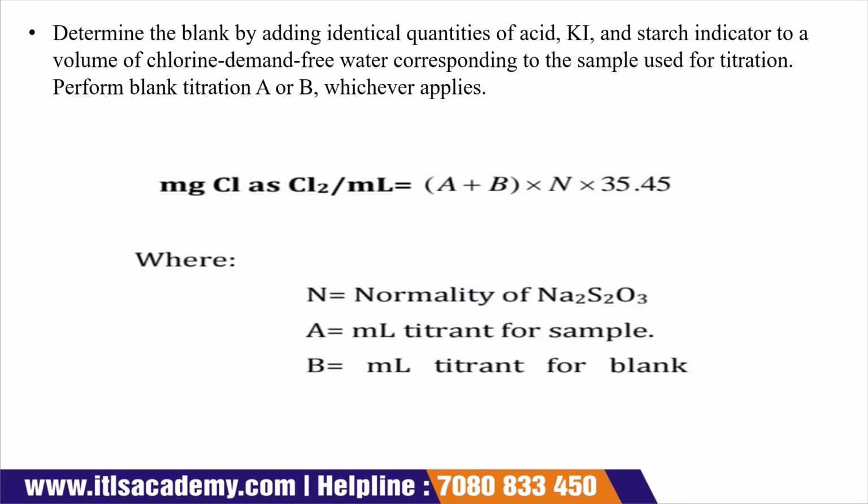Now determine the blank by adding the identical quantity of the acid, potassium iodide and starch indicator to the volume of chlorine demand free water corresponding to the sample used for titration.